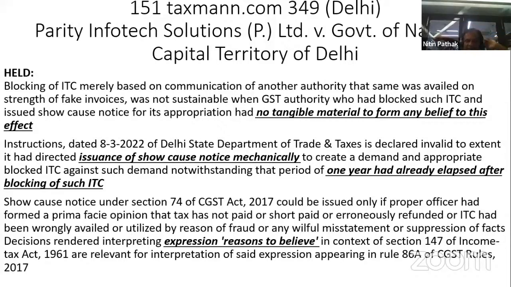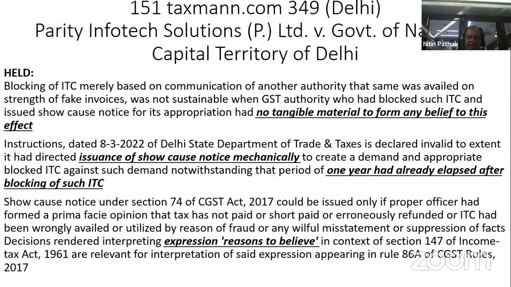An SCN under Section 74 of the CGST Act should be issued only if the proper officer has formed a prima facie opinion that tax has not been paid or short paid, or refund wrongly granted, or ITC has been wrongly availed or utilized. So what they're saying: tax not paid, short paid, refund erroneous, ITC wrongly availed or utilized by reason of fraud or willful misstatement or suppression of fact.